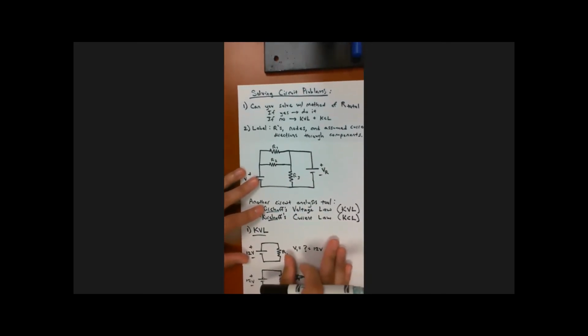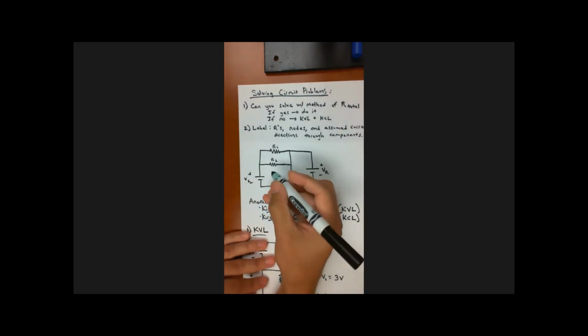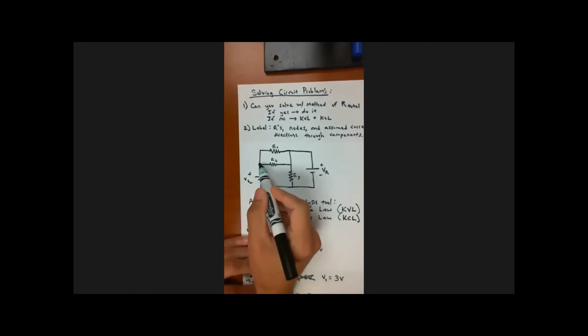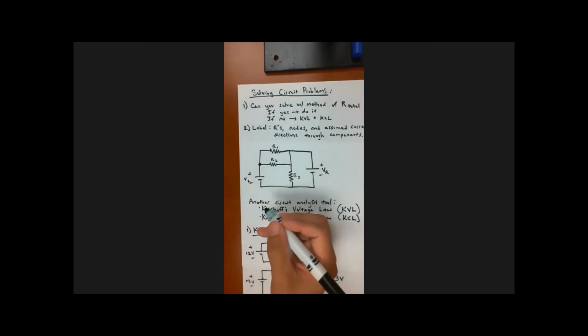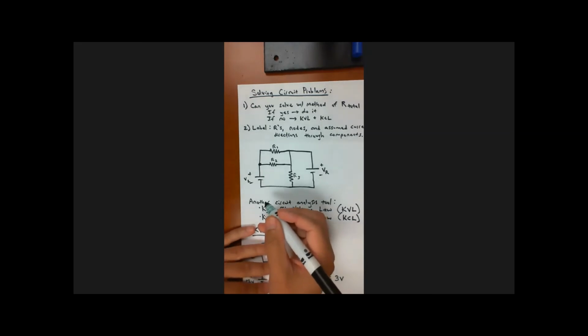But what I'm saying here, to label everything, what I mean is, if these nodes are not already labeled, you know, this is a node right here that might be relevant for us. We might want to apply KCL at this node. So maybe we call this a certain node. I'm going to do this example problem in a little bit, so I'm going to be consistent.